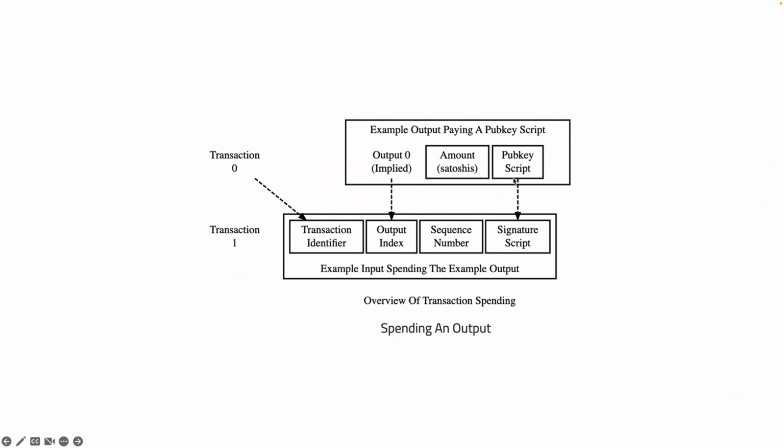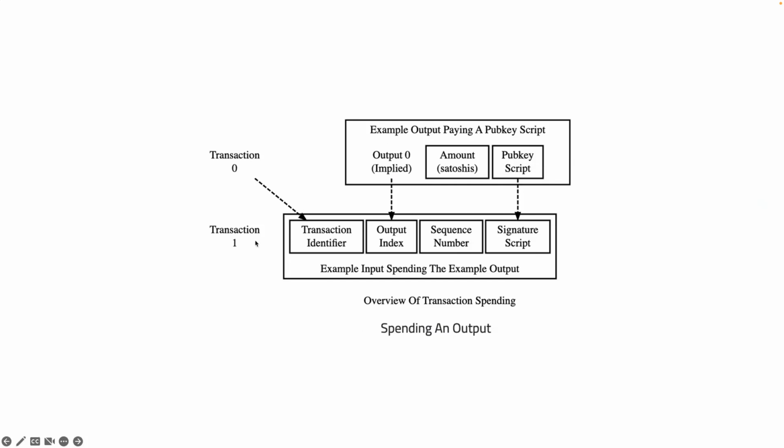And then the output script is traditionally called the public key script because it's usually locked to a public key. But now we are more general, so you can think of it as the locking script, basically the lock. In our case, it's just any smart contract.